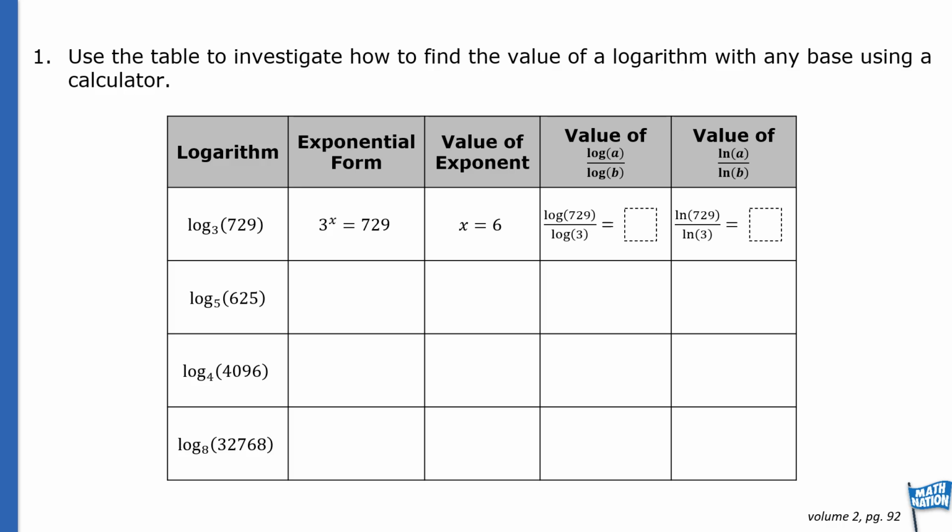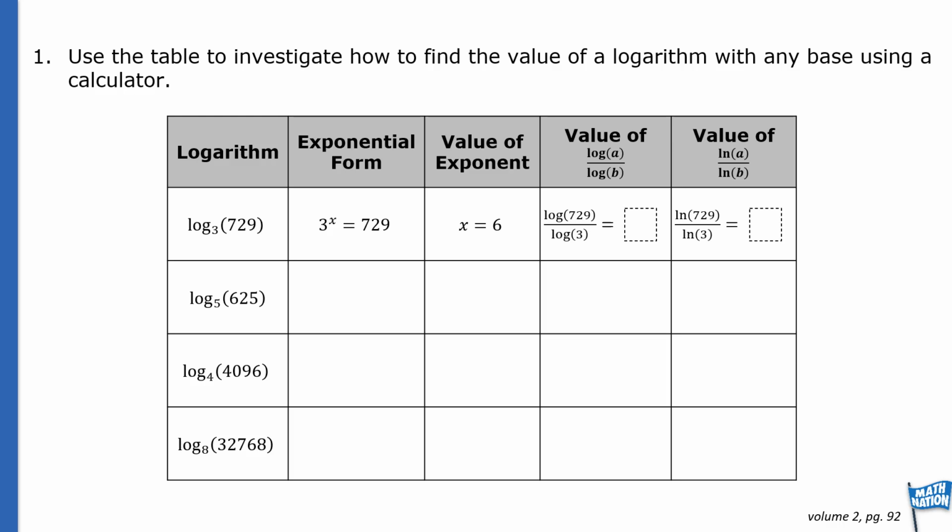We have logarithm base 3 of 729. In exponential form, they took the base and raised it to the x power, equal to 729. Just like what we did before, make sure we have the same base on both sides. 3 to what power will give us 729? Here they tell us x is equal to 6.